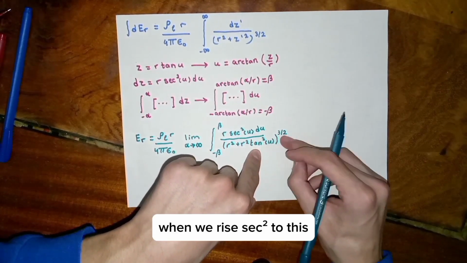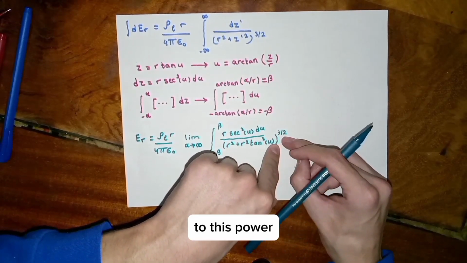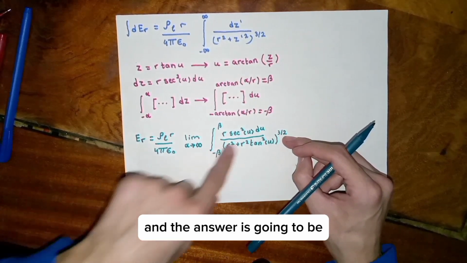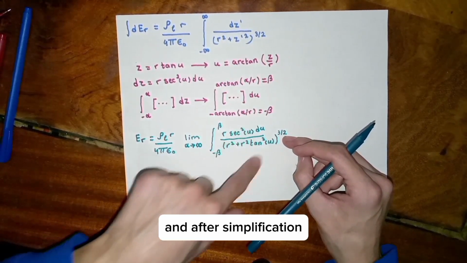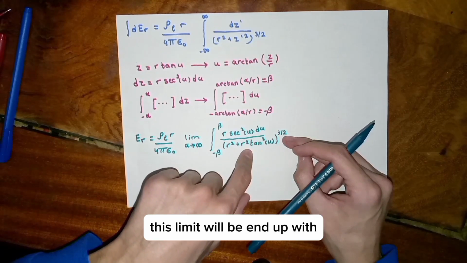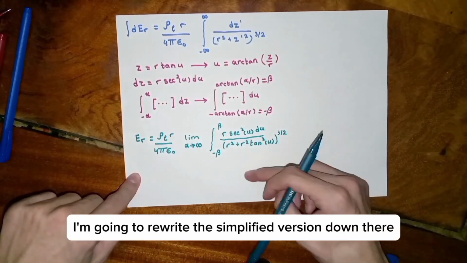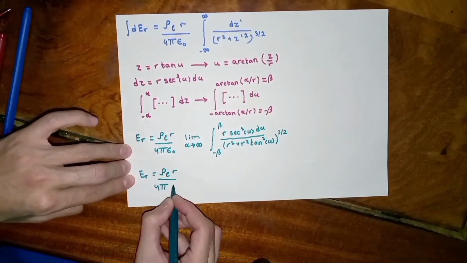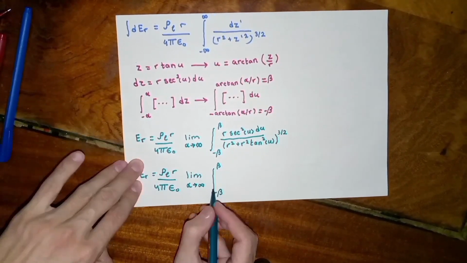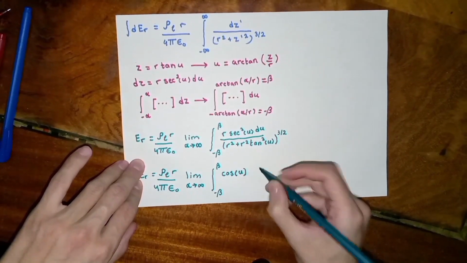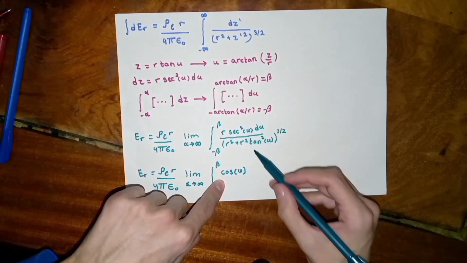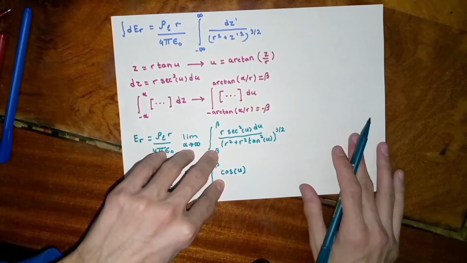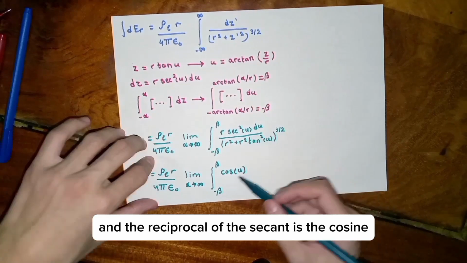When we raise secant squared to this power, we will end up with secant cubed. After these simplifications, this limit will end up with cosine u, as we know that secant squared over secant cubed is 1 over secant, and the reciprocal of the secant is the cosine.